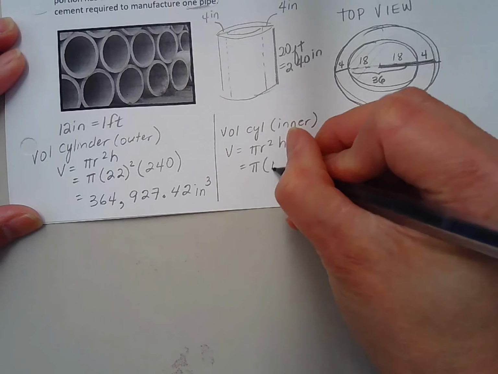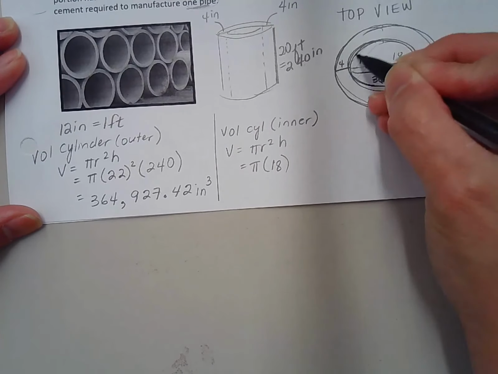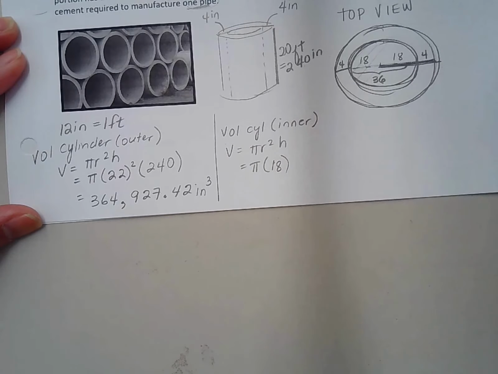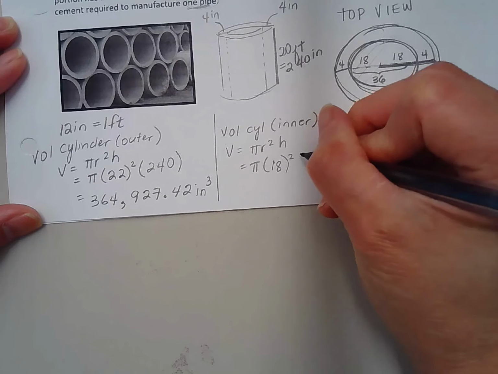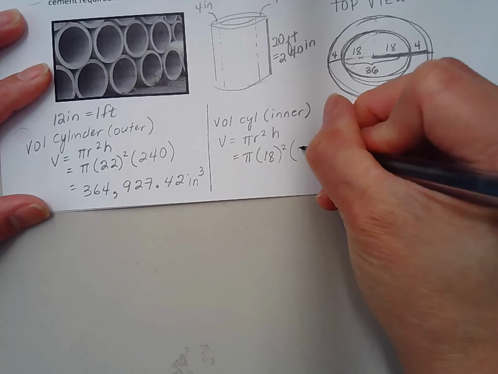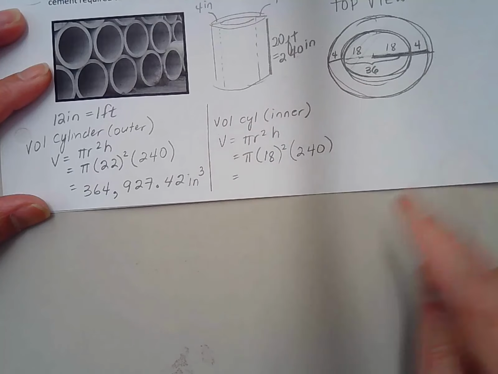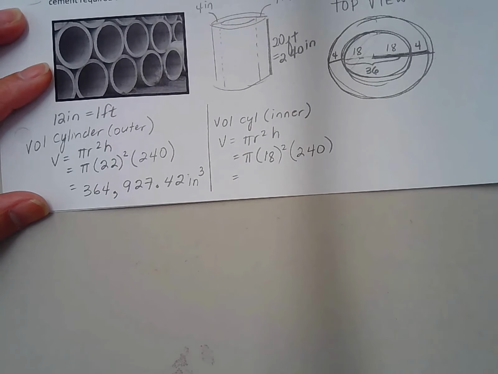That's a radius. Squared times height. Height is 240. We're going to use 240 because everything is inches, right?